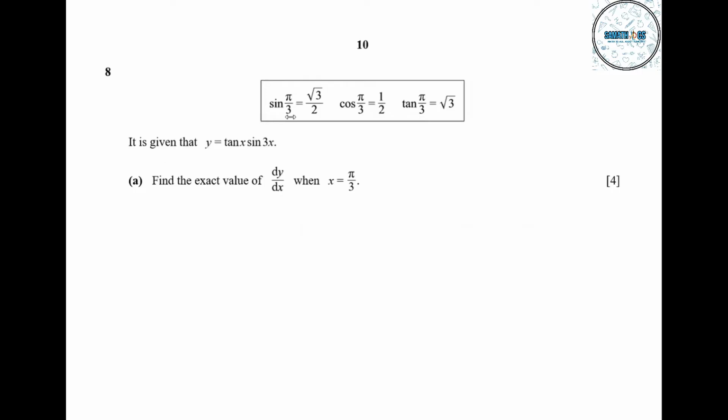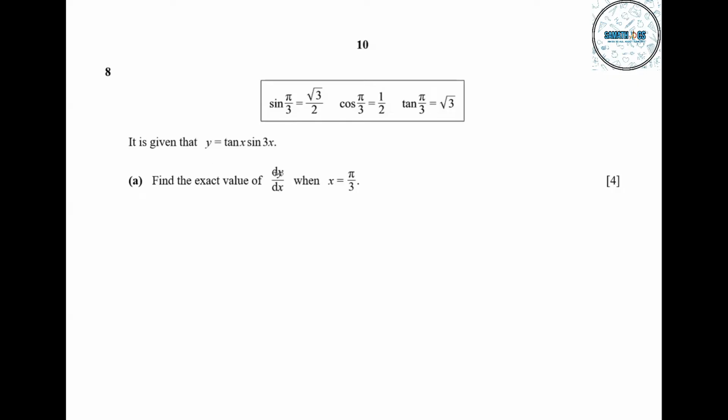In question number 8, the values of sine pi upon 3, cos pi upon 3, and tan pi upon 3 are already given. It is given that y is equal to tan x sine 3x. Find the exact value of dy upon dx when x is equal to pi upon 3.